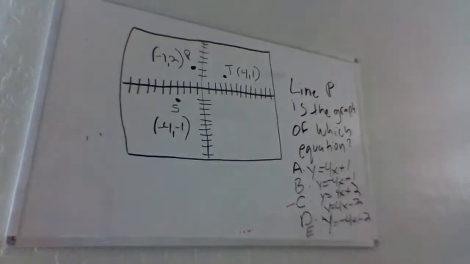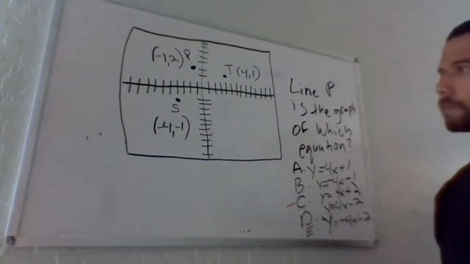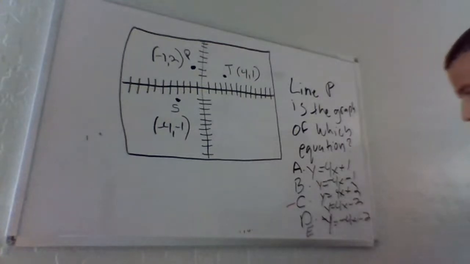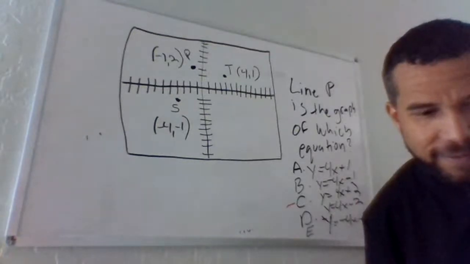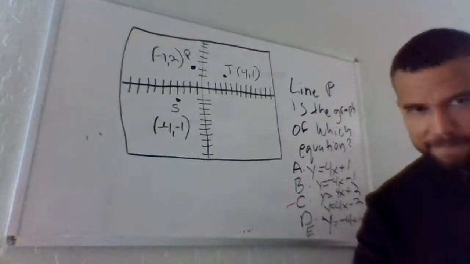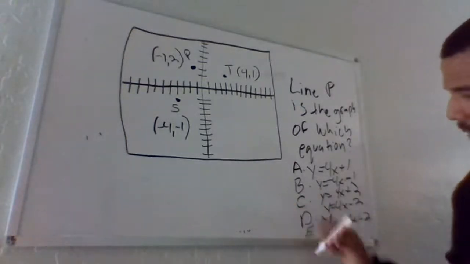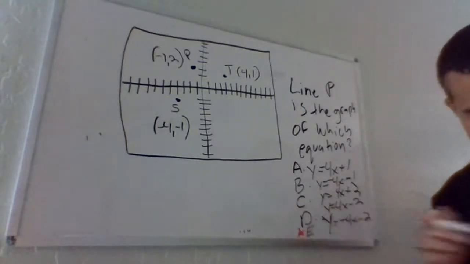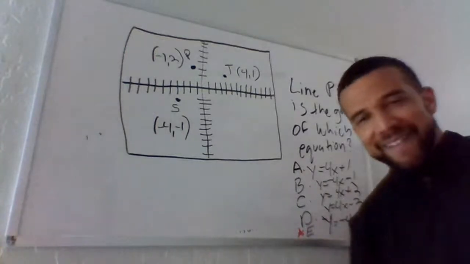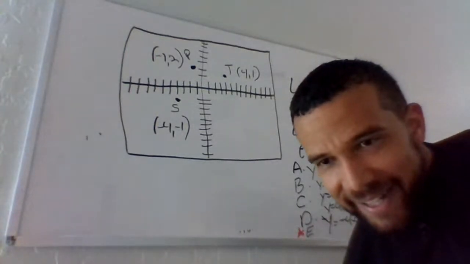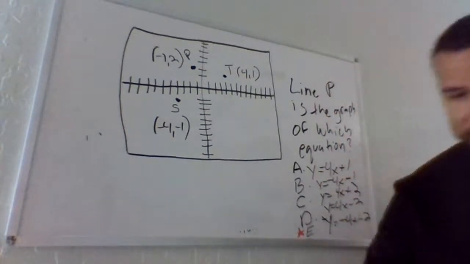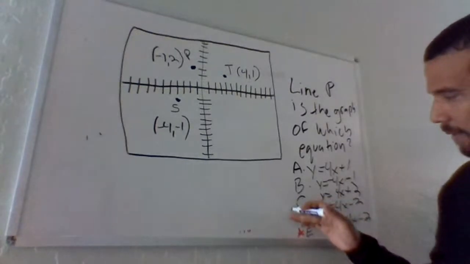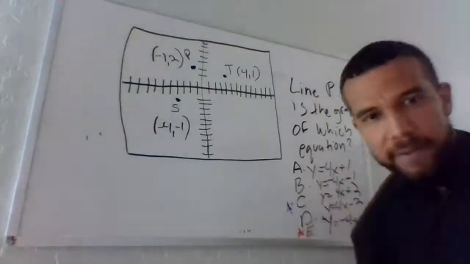Okay, I'm picking E. Negative 4x, negative 2. So you said you picked E? Yes, negative 4x, negative 2. Okay. No, that's not right. I still choose C. Okay, so Sam is still sticking with C. So you think it's A, Andre?